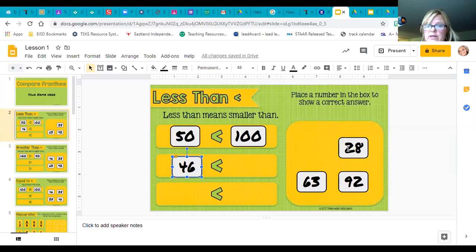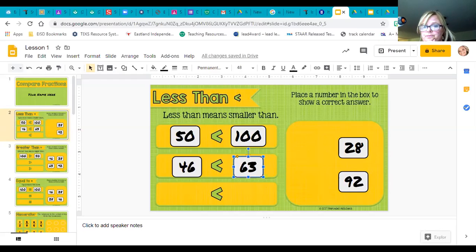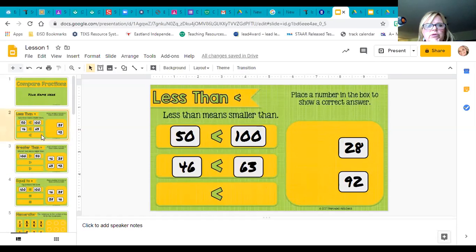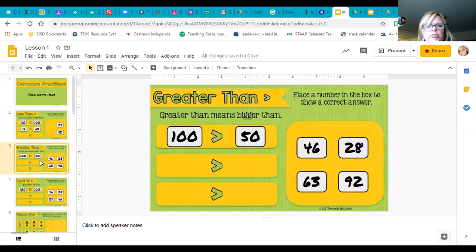Well, is it less than 28? No. But it is less than 63, so I'm going to do that. And then you've got to put these in the correct place here. Then I'll go to my next slide. And you're doing the same thing, I believe.